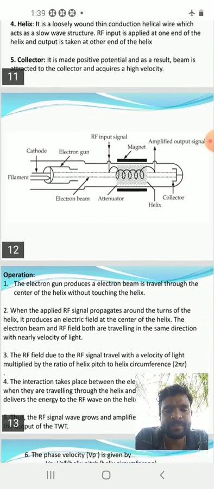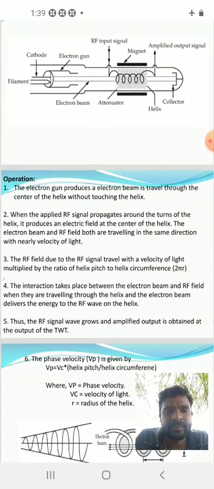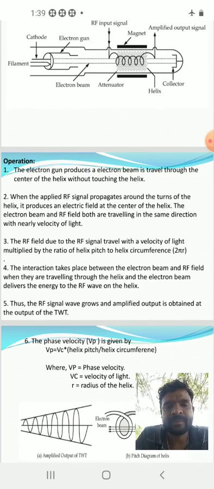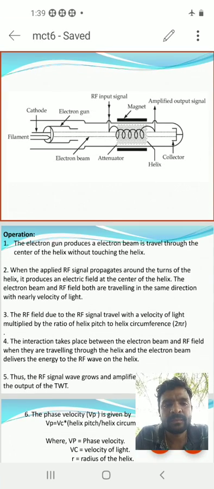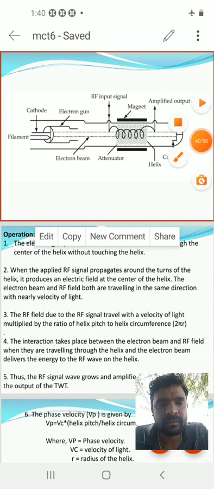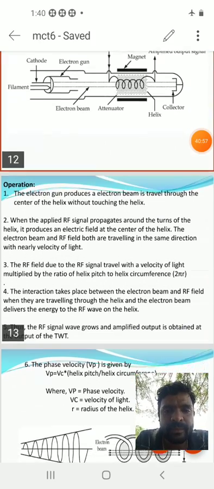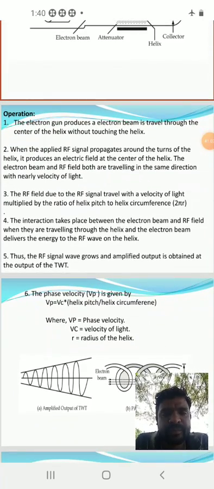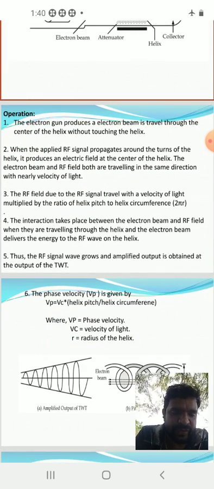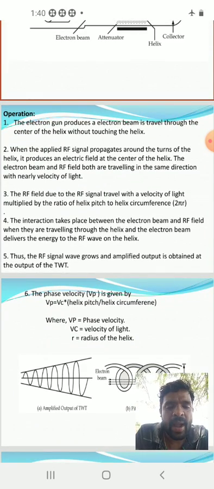Operation. The traveling wave tube consists of two waves. One is the electron beam wave and the other is the RF input wave.